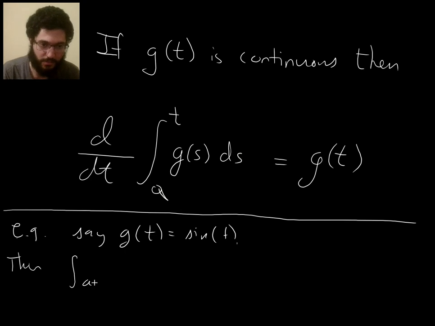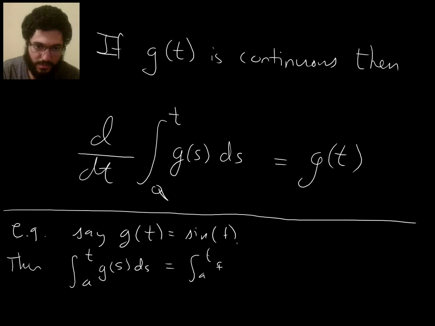Then the integral from a to t of g of s ds is the integral from a to t of sine of s ds. Well, the antiderivative of sine of s is negative cosine of s.